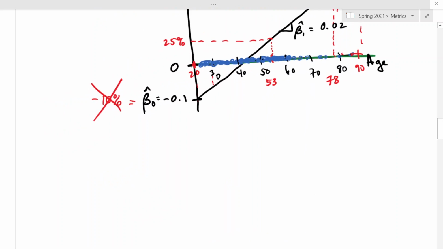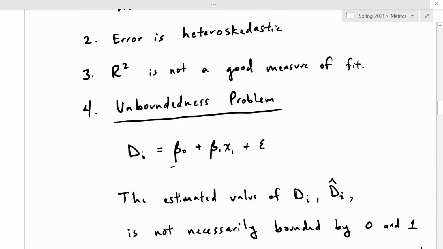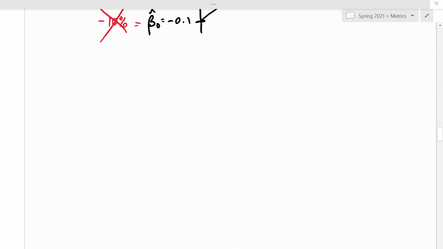As I was saying before, those first three problems, the normality, the heteroscedasticity, and what was the other one? The R squared, those can be fixed.